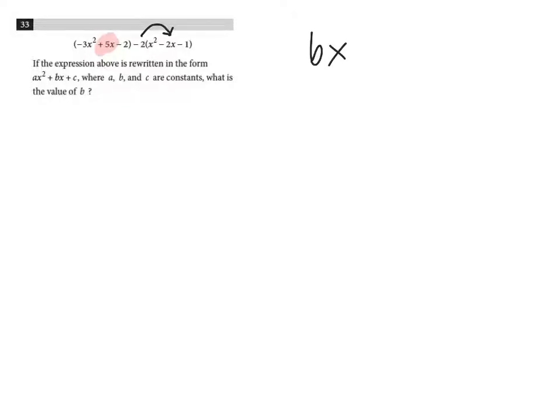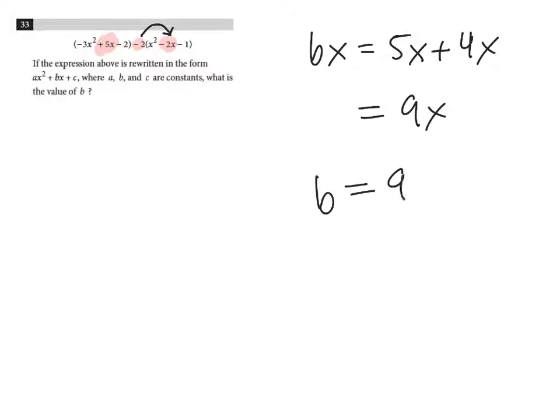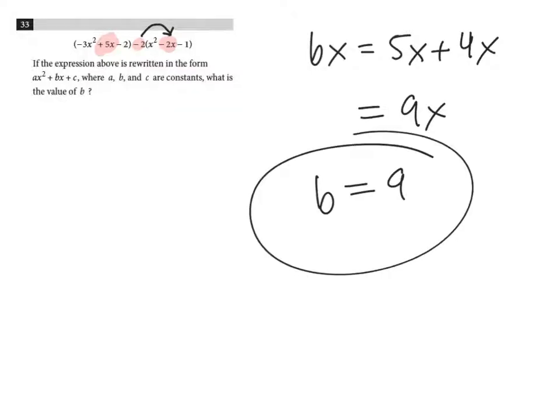Okay, and that is going to be -2 times that, so that's 5x plus -2 times -x. It's going to be 4x. So that's going to be 9x. So b equals 9. Okay.